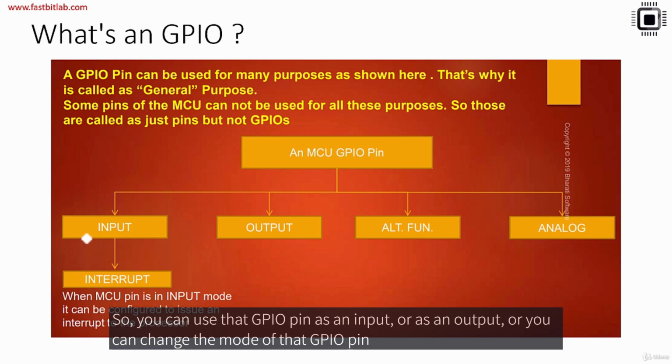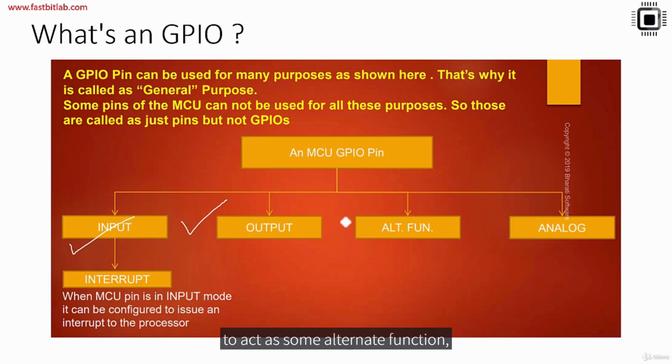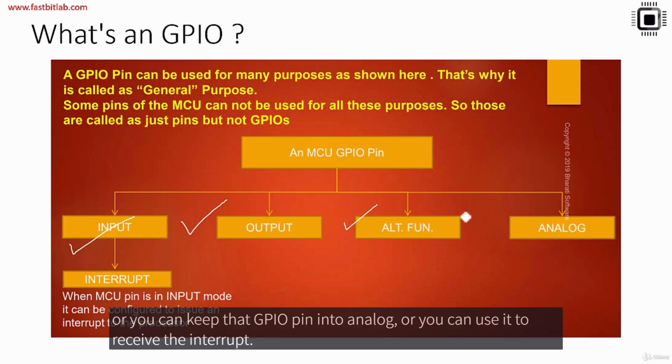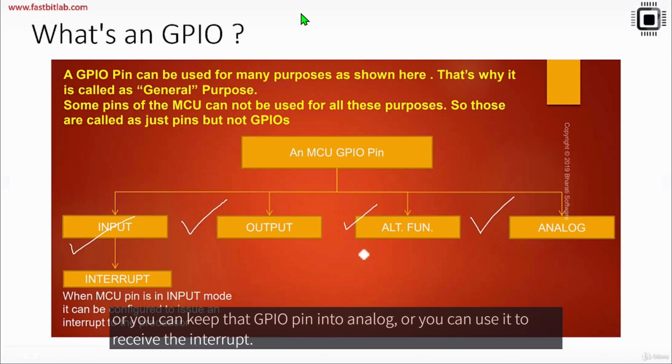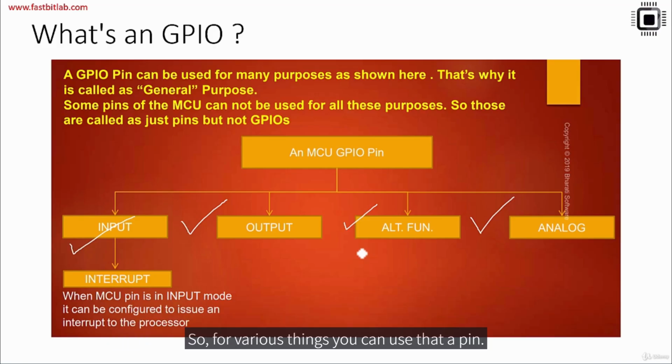So you can use that GPIO pin as an input or as an output, or you can change the mode of that GPIO pin to act as some alternate function, or you can use it to receive an interrupt. So for various things you can use that pin.